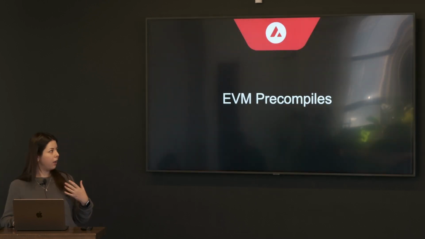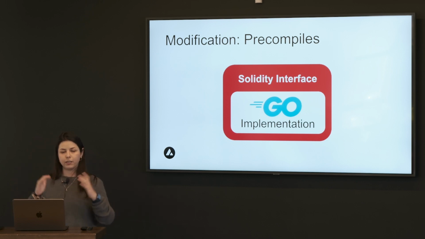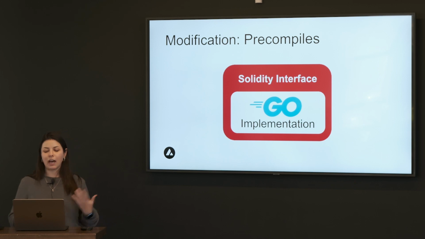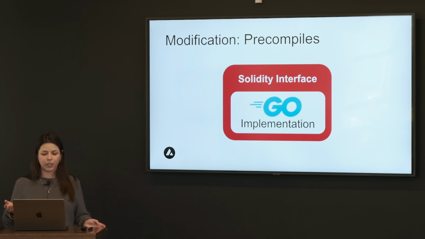So you can think of the EVM precompiles as a Solidity wrapper around a Go implementation, which is really nice because you will have a Solidity interface that allows you to interact with your contracts and applications, but you will be executing Golang code, which makes it super powerful.